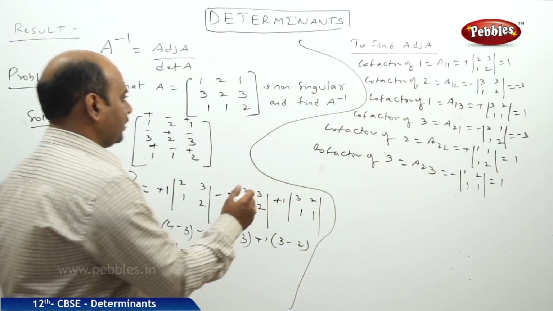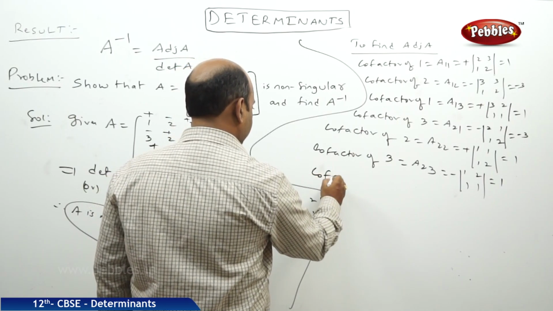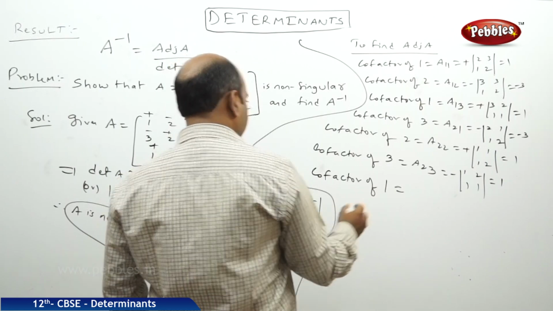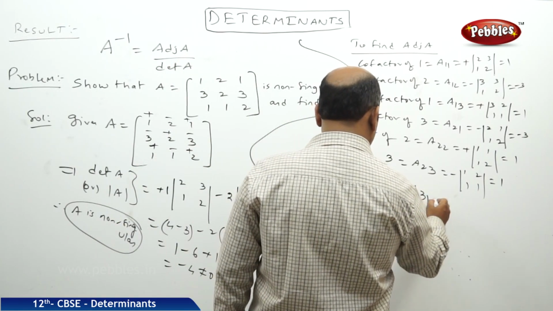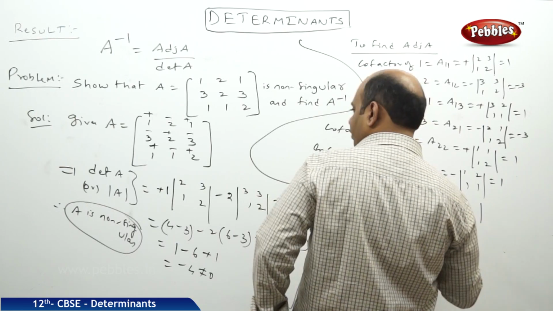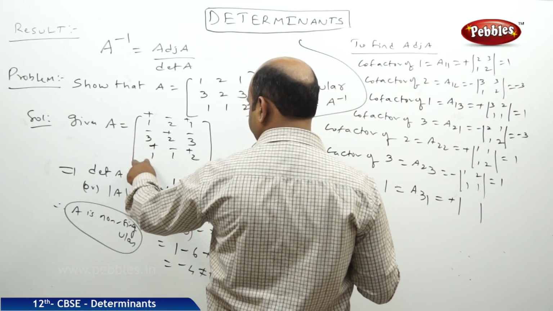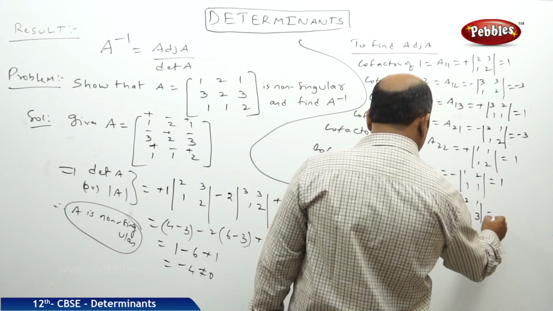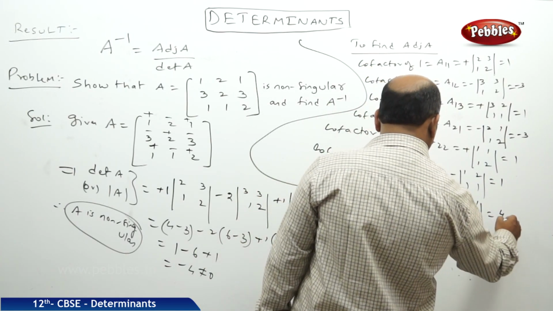Later, cofactor of 1 means A31. A31 is equal to plus into its minor. 2 1 2 3, that means 6 minus 2. It will be 4.